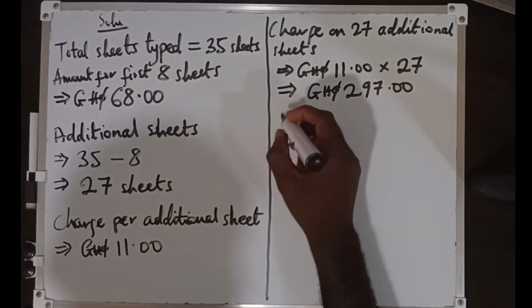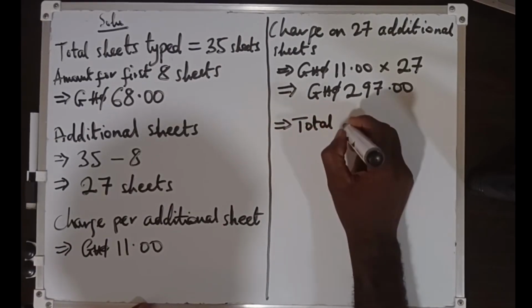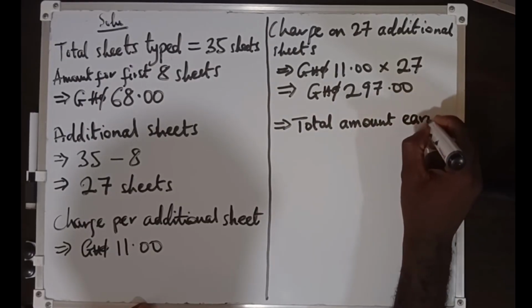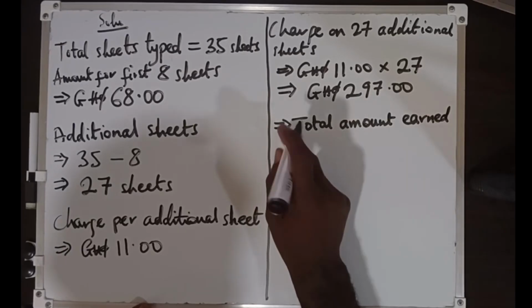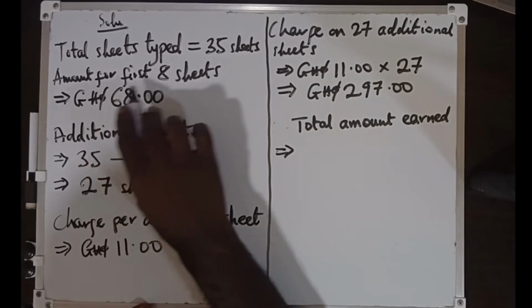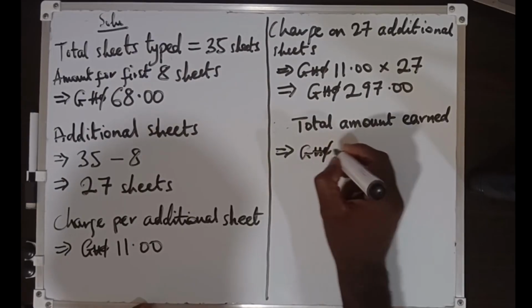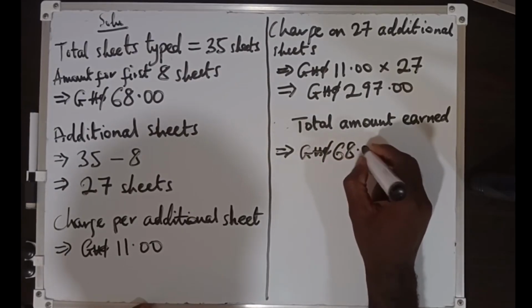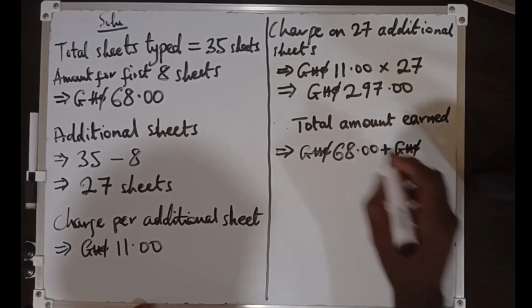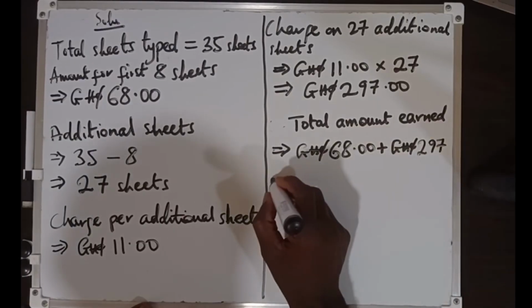So we say that total amount earned implies that is the amount on the first 8 sheets, which is 68 cedis, plus the amount earned on the additional sheets, which is what? 297 Ghana cedis.